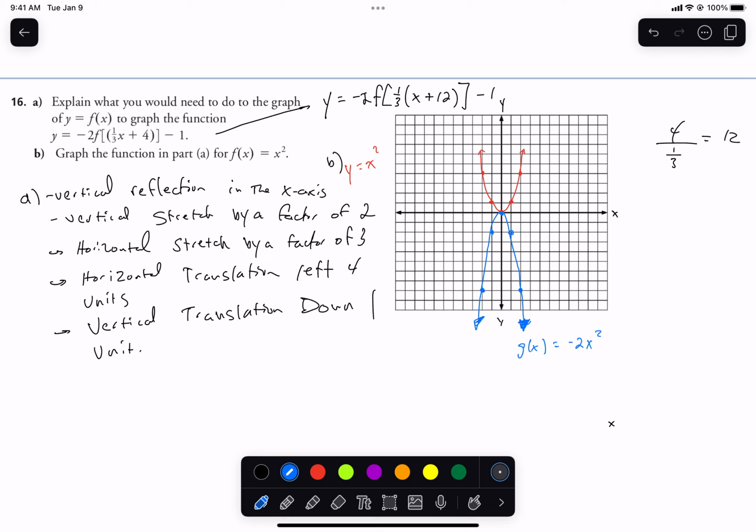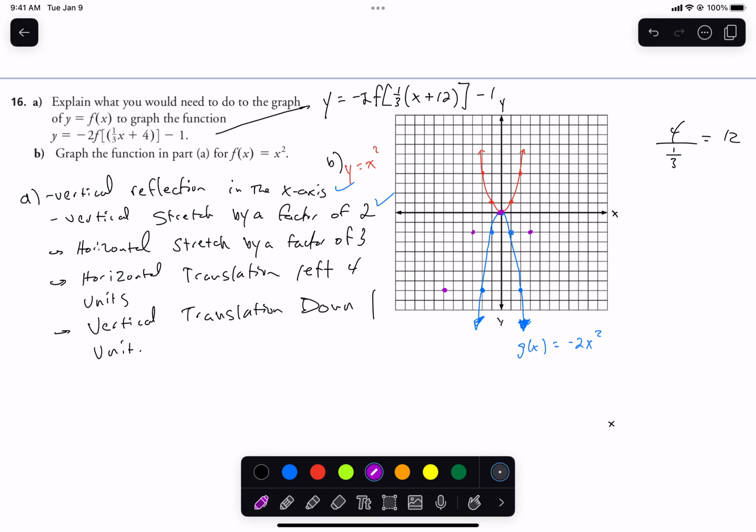That takes care of the first two transformations. I'll check mark the ones in blue, and then we'll do the purple. The next transformation we apply is the horizontal stretch. Horizontally stretching, 0 stays at 0, 1 goes to 3, and 2 goes to 6.